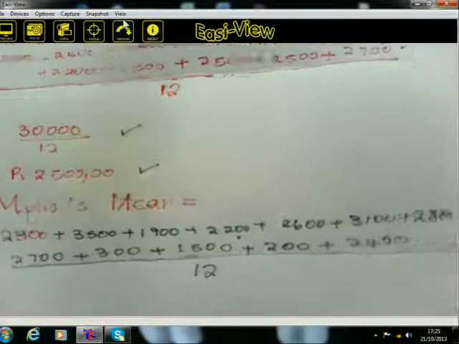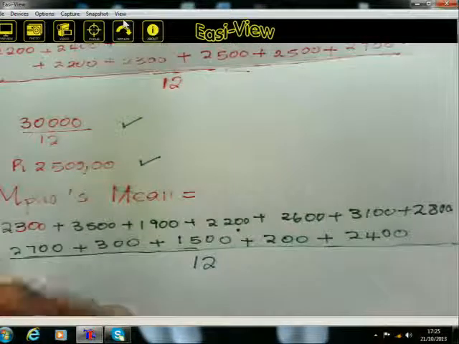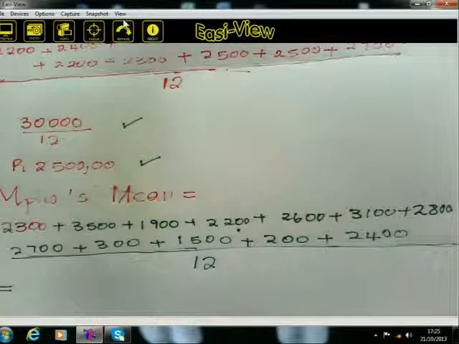Then we go to the second step. Let us add all.